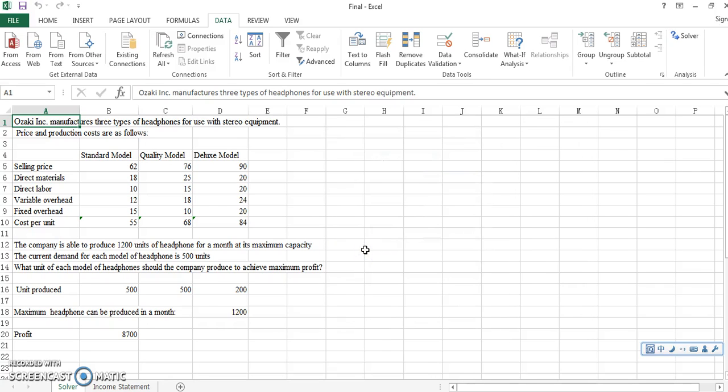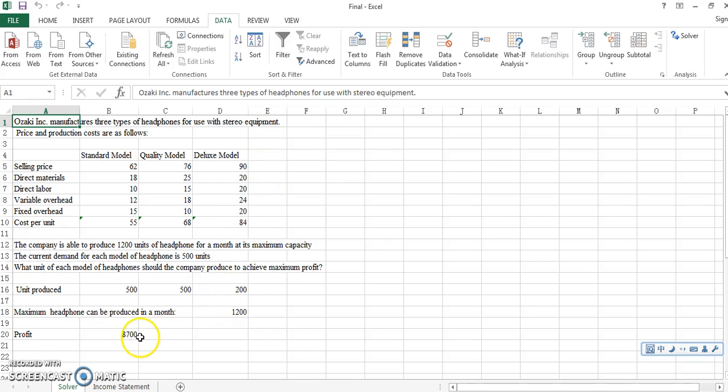As you can see, the solver suggests that we should produce 500 units of the standard model, 500 of the quality model, and 200 of the deluxe model. Apparently, the deluxe model is the least profitable product for this company.